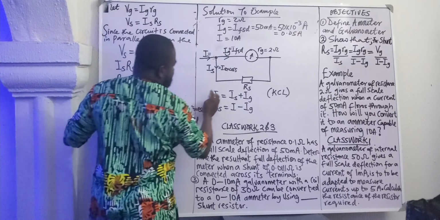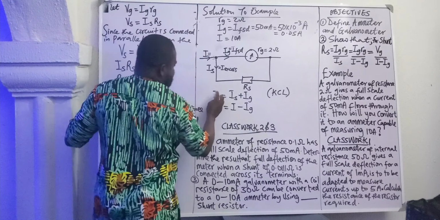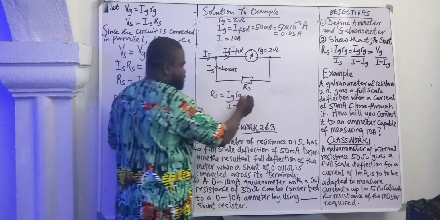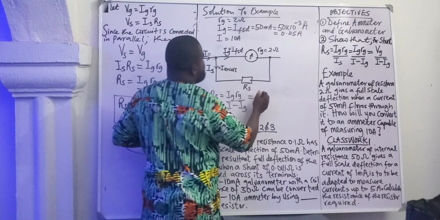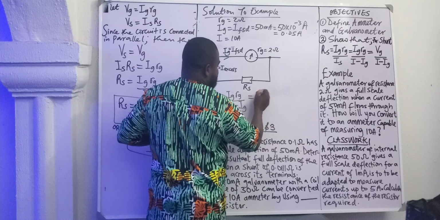So using the formula, Rs is equal to Ig Rg over I minus Ig. We substitute our values. Ig is 0.05.